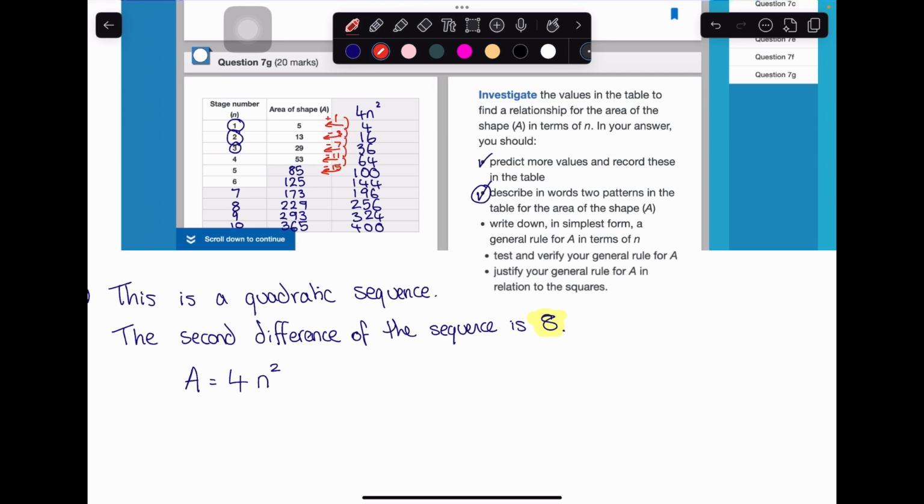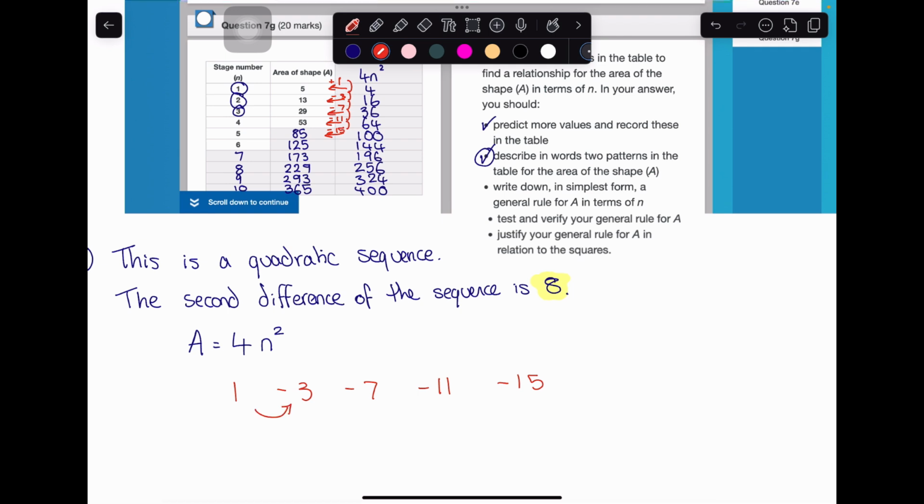So we're going 1, minus 3, minus 7, minus 11, minus 15. So this pattern here is minus 4, minus 4, minus 4, minus 4. Because of this, you are going to add minus 4n to your rule. Let's see where that gets us to.